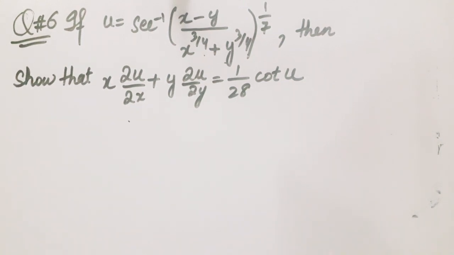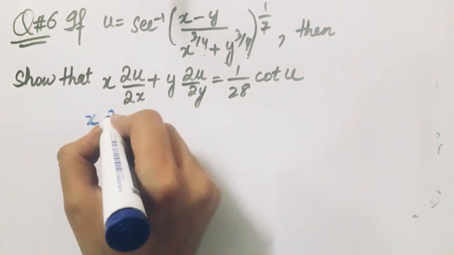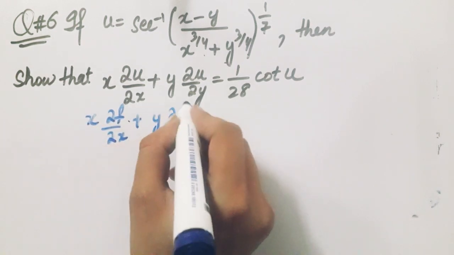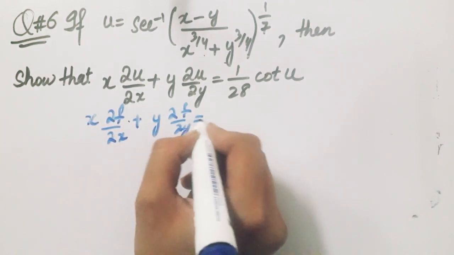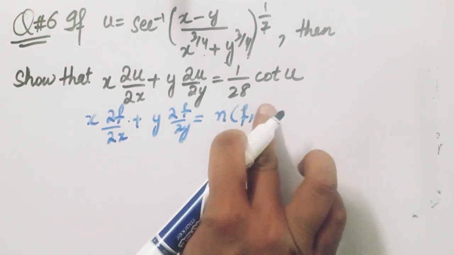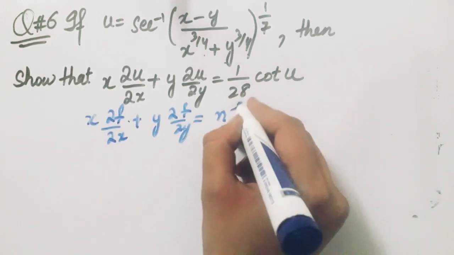So in this question we will apply the Euler theorem, that is x into partial f over partial x plus y into partial f over partial y is equal to n into f of x and y. So here we apply this formula.